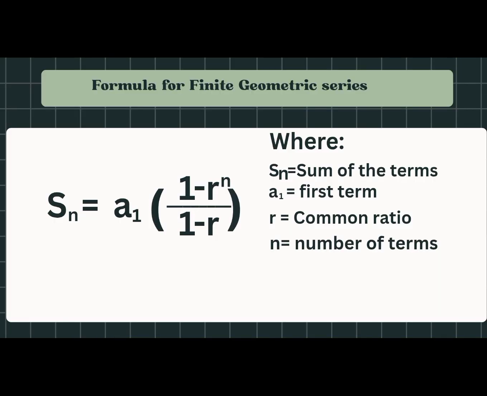For a finite geometric series, or a series with a fixed number of terms, we use this formula: S sub n equals a sub 1 multiplied by the quantity of 1 minus r raised to n, over 1 minus r, where S sub n is the sum of the first n terms, a sub 1 is the first term, r is the common ratio, and n is the number of terms.